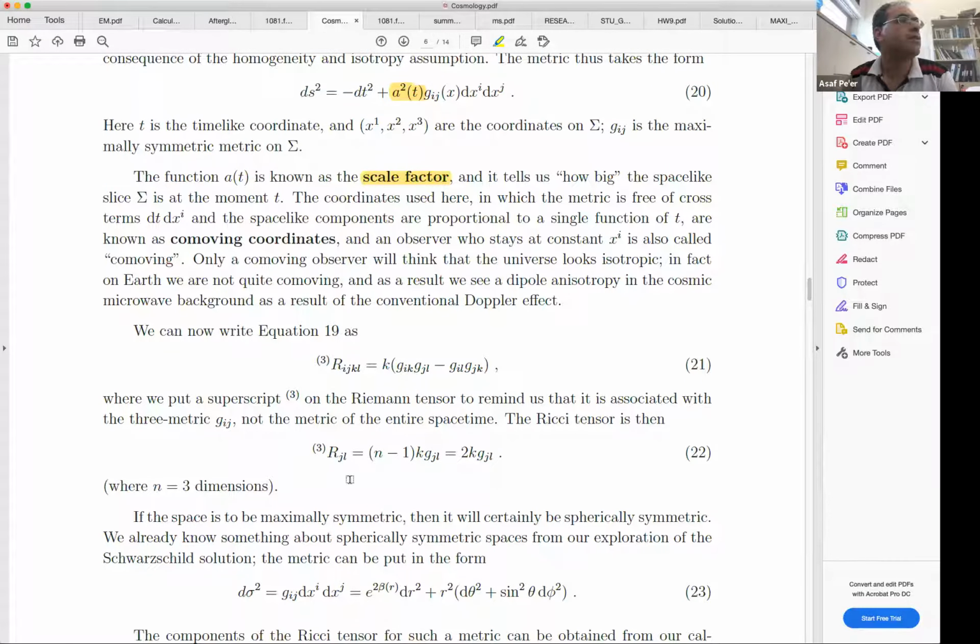Then the Ricci tensor, the n and the 1 over n cancel, is just Rjl equals n minus 1 times k times Gjl. Where for 3 dimensions, we can simply put in, it's just 2 times k times Gjl.